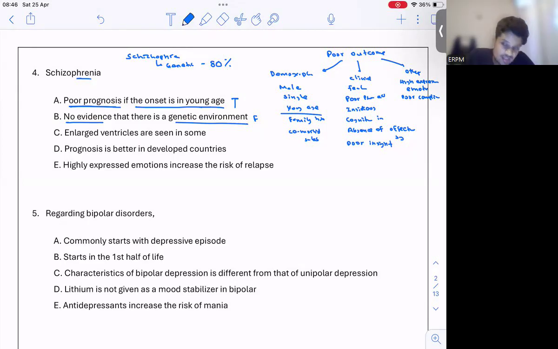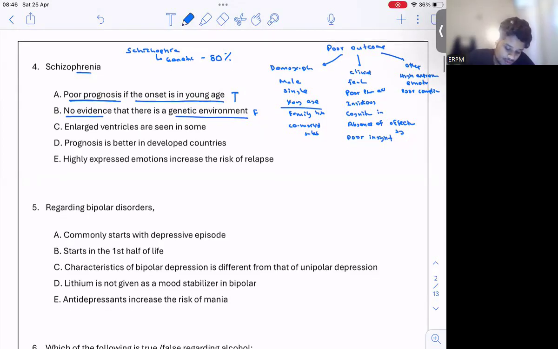That's false. There's evidence. Enlarged ventricles are seen in some, right? So when you do neuroimaging in a patient with schizophrenia, you can see certain changes, right? So one is this enlargement of the lateral ventricles, right?